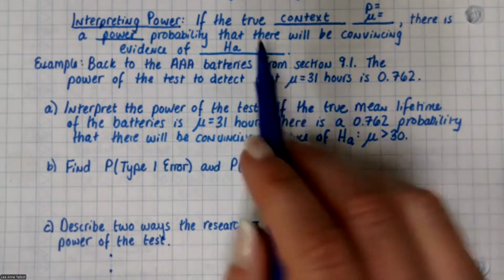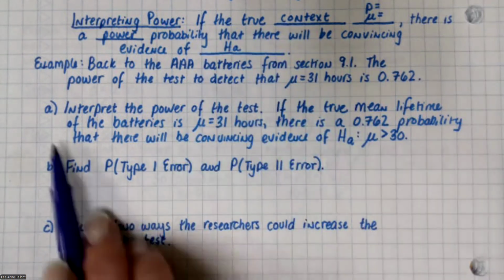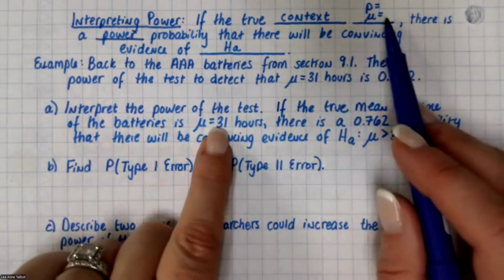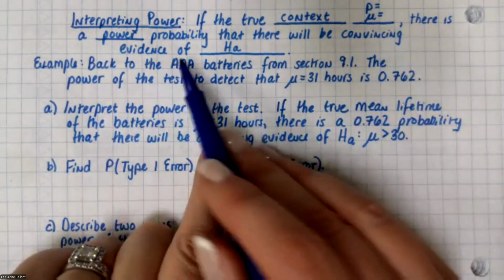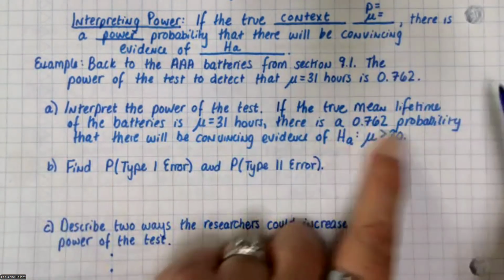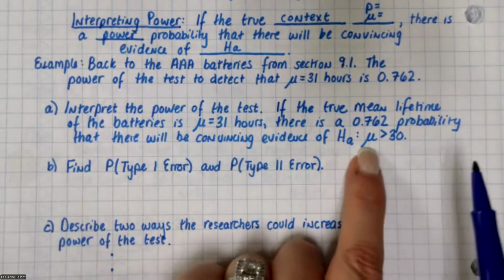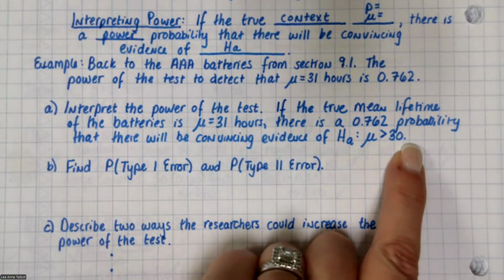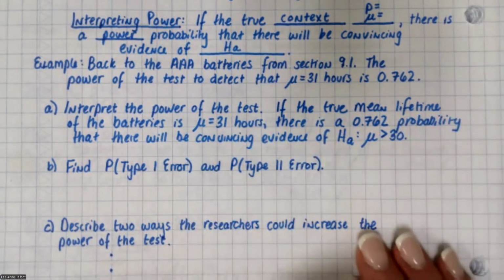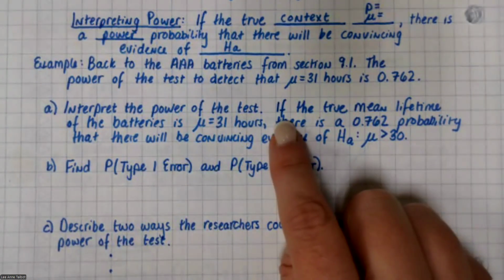So let's just check it. If the true mean lifetime of the batteries is mu equals 31, there is a 0.762 probability that there will be convincing evidence that mu is greater than 30. Now let's pause for a second and make sure we understand what this is saying.